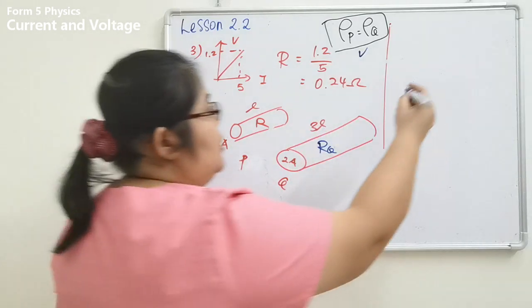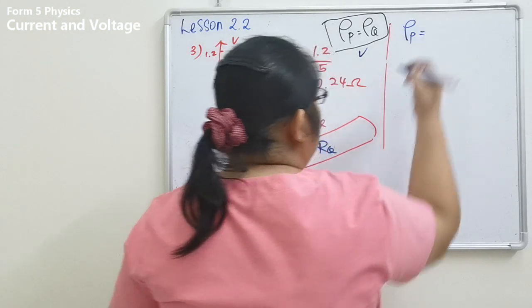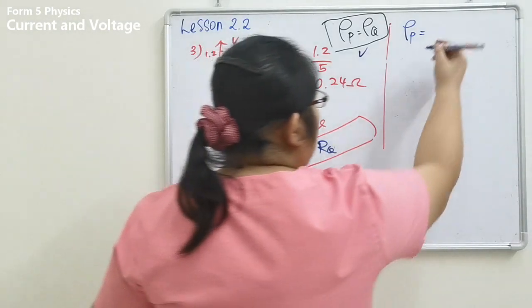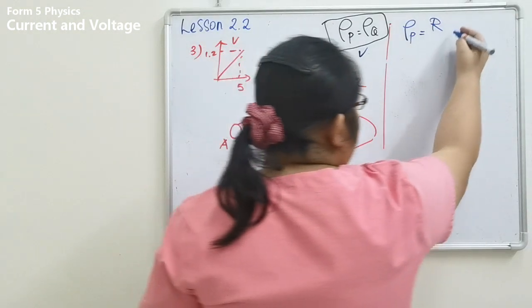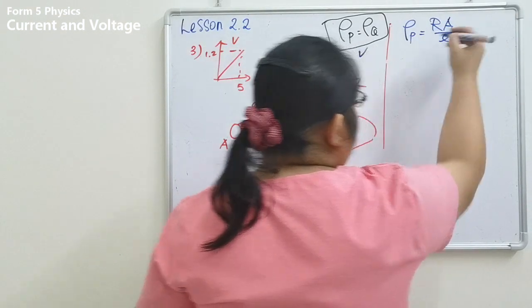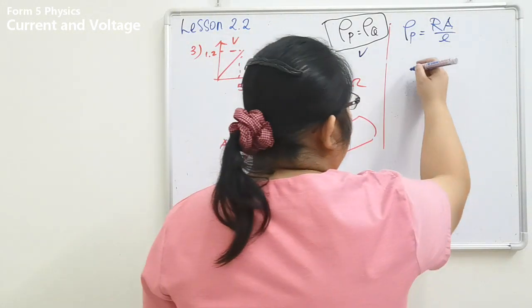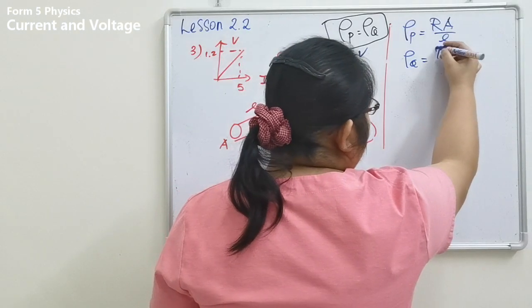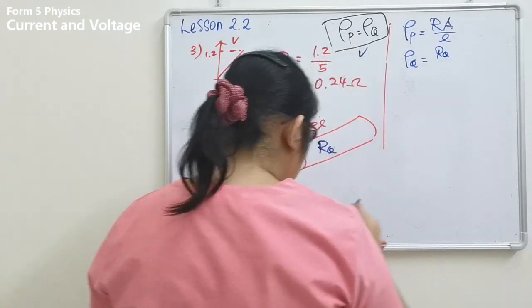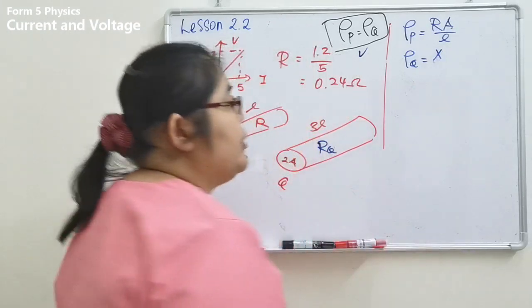For P, the resistance is R, because there's one R, after that A over L. This is the resistivity for P. How about Q? The resistance of Q we do not know, so we don't put RQ, we put X, because you don't know what that is.